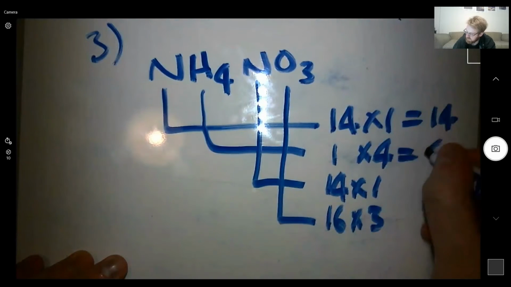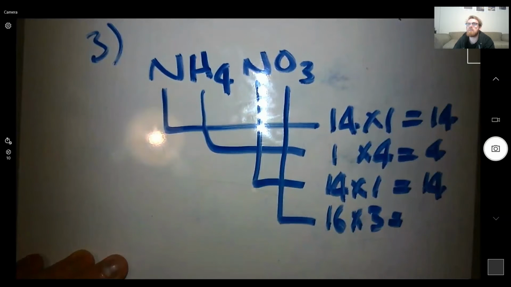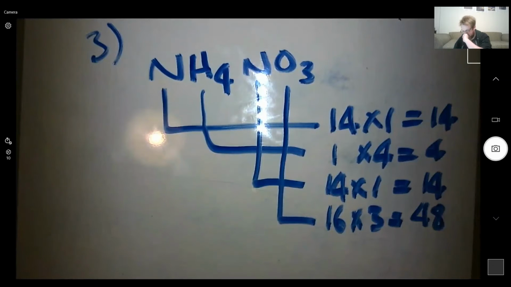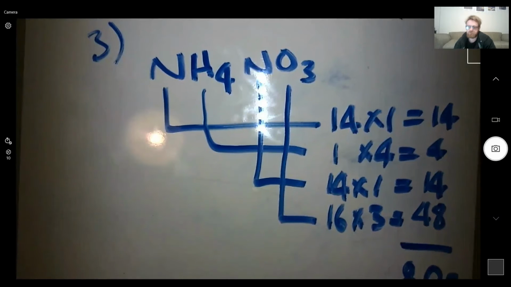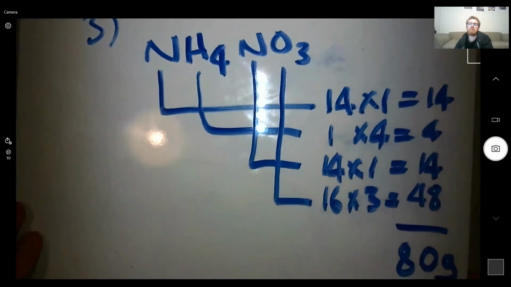So that's 14, that is 4, that's another 14, that is 48. 14 plus 14 is 28, 32, 80. That gives you 80 grams overall. Okay, hopefully that makes sense.